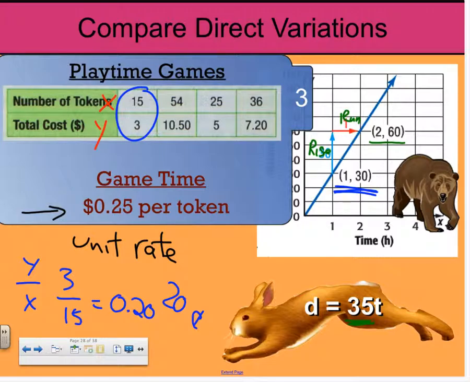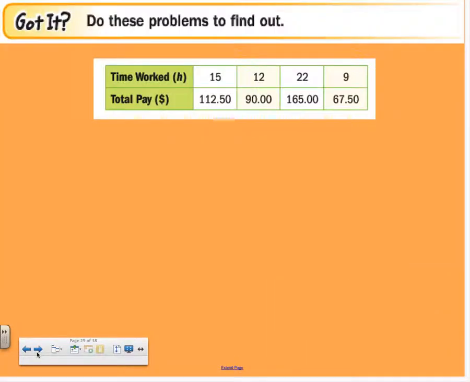So where is the better place to buy tokens? Well, at Playtime Games, it costs 20 cents for a token. Here it costs 25. So it's cheaper to get tokens at Playtime Games. Go ahead and try the got it at the bottom of that page.